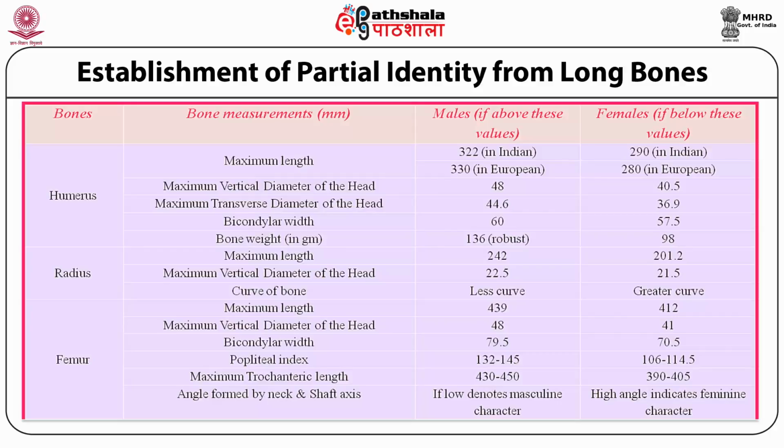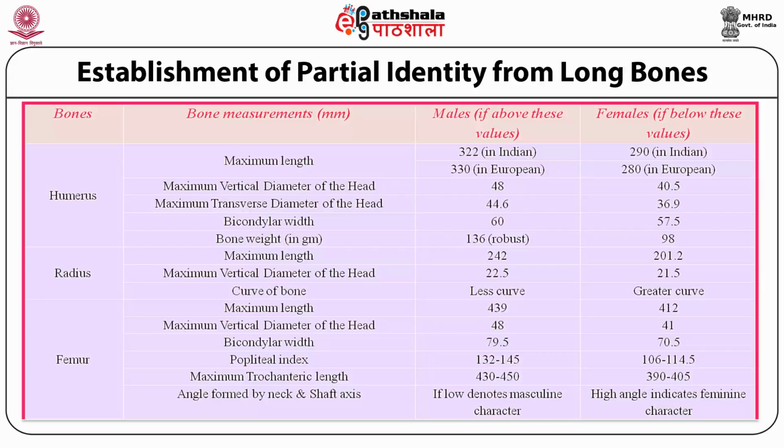When we talk about the radius, the maximum length of the radius is 242 mm in case of males and this is 201.2 mm in females.